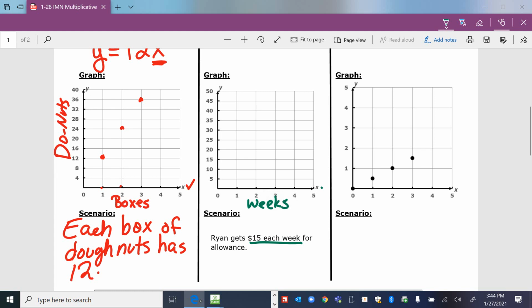And then the y up here can represent the number of dollars. So in 1 week he would get $15. 2 weeks he would get double that, $30. 3 weeks tripled, $45. So there is a scenario and a graph representation.